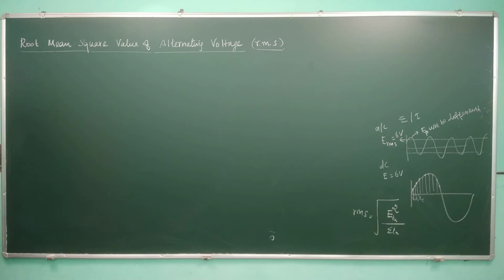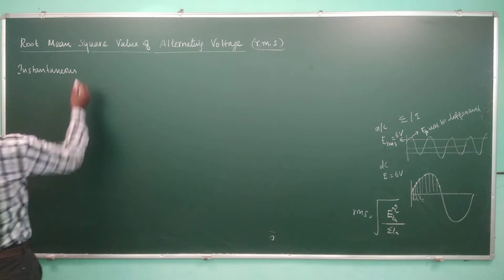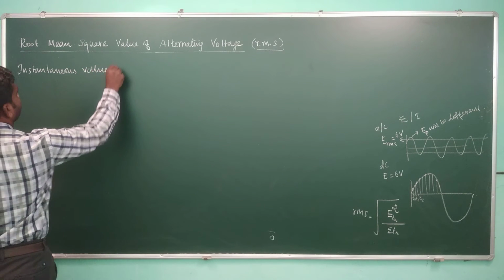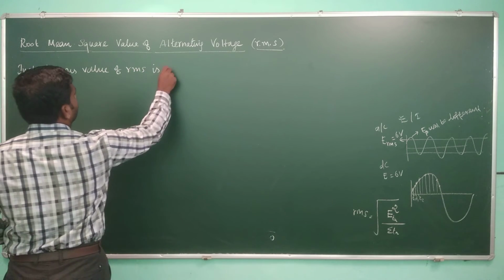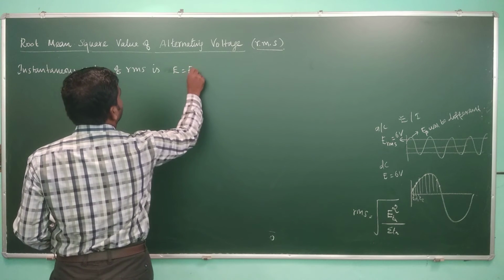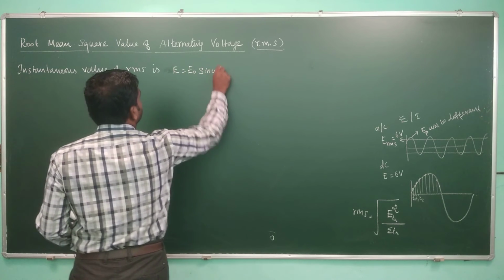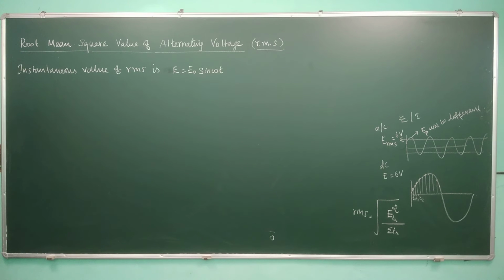Okay, how to obtain this? See, we have the expression for the instantaneous value, that is E equal to E0 sin omega t, that we already know. Now we need to take the mean square. What is mean value?